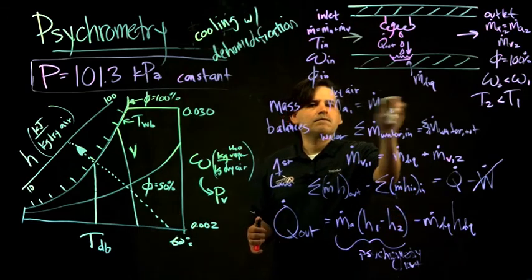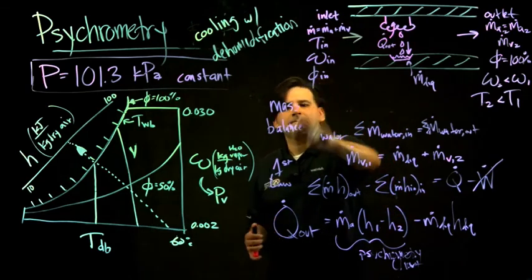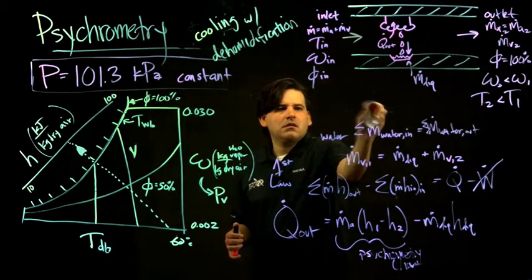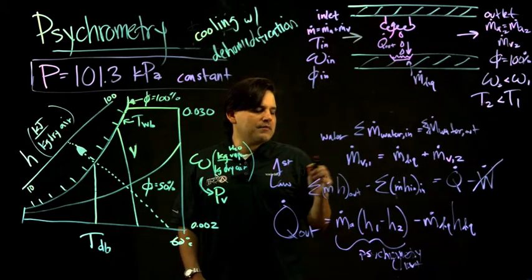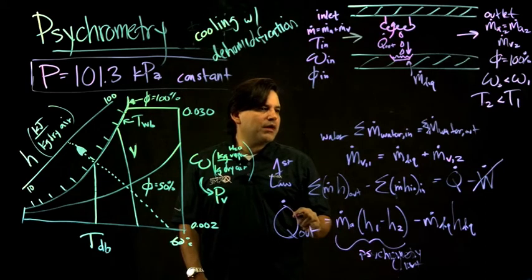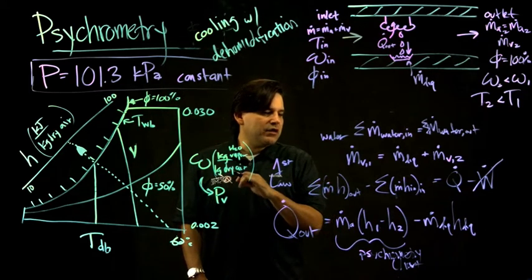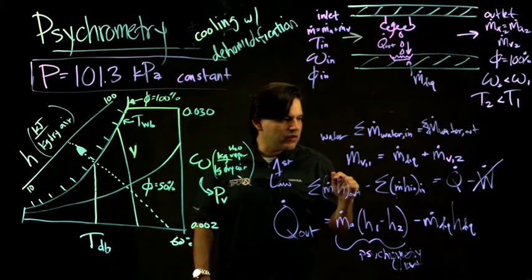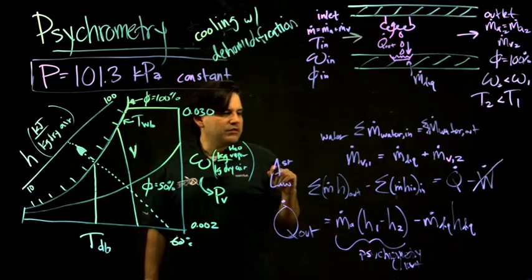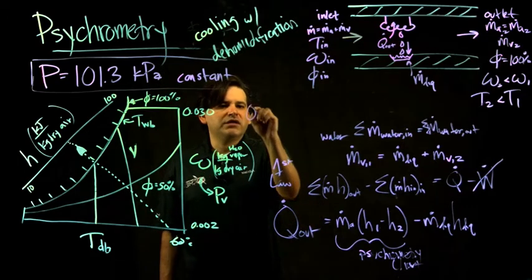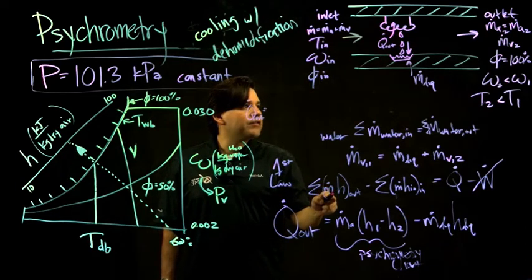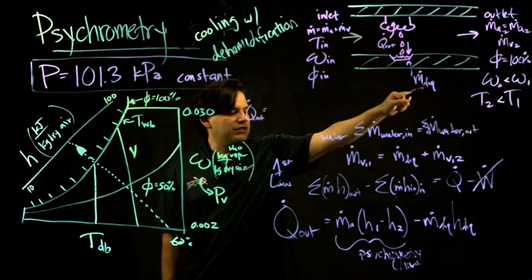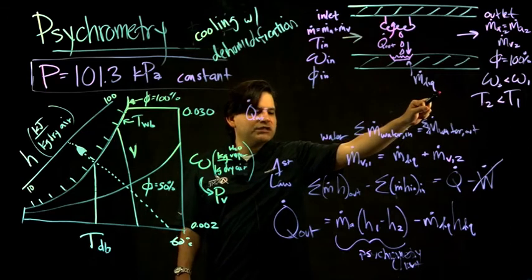I'll put it up here. So this is accurate because we're using the chart, but if you didn't have the chart and you needed to keep track of things the standard way we treat this mixture, you would have had that there was some heat transfer out, of course, and then what's coming out of this system is one stream of liquid water and a stream of moist air.